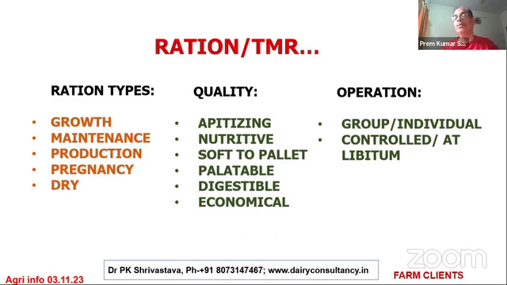Finally, there will be a lot of bloat in the stomach, and the animal will be off-feed. Milk will drop. Then it is an emergency condition. If you are not using the trocar and cannula, puncturing the stomach and releasing the gas, then the animal may die.